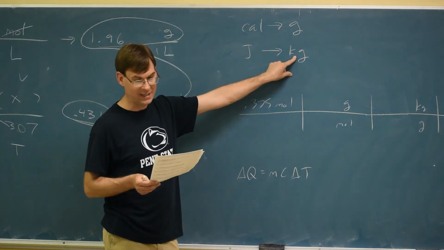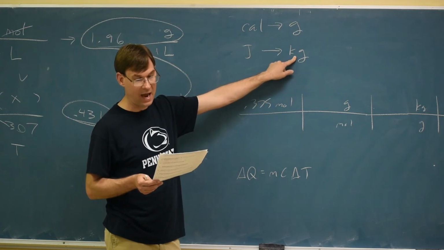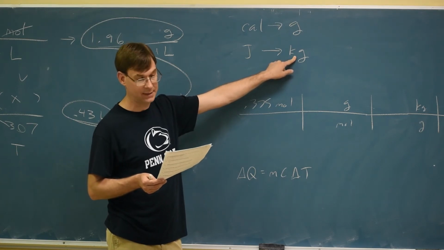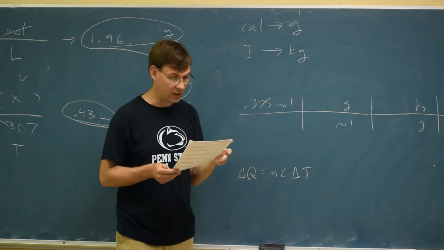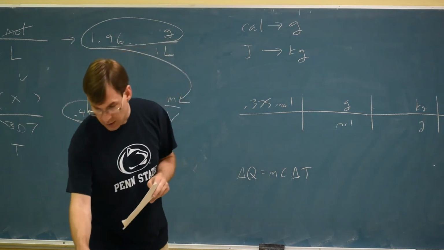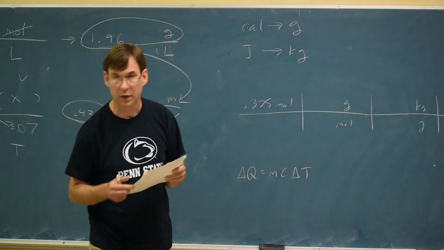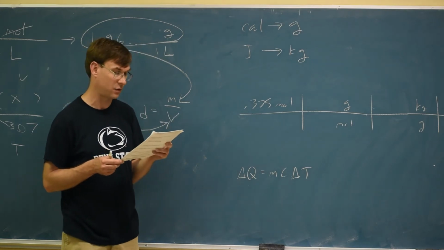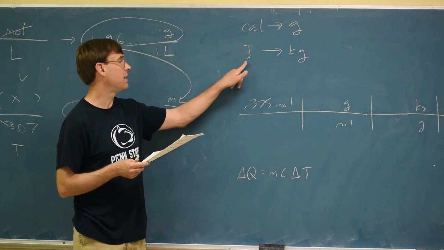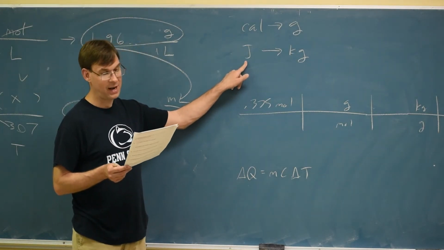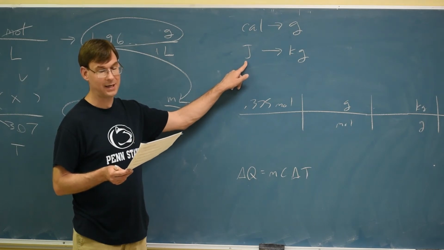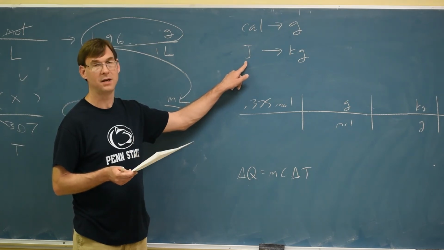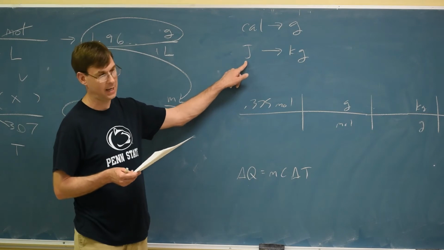So the 476, I divided by 1,000 to get a 0.476. And then to get to joules, I would use the number from the table, which is 2.26 times 10 to the 6 for steam there. That would get me to joules. But I have another step to go to get to kilojoules. That's going to take me dividing by 1,000 again.